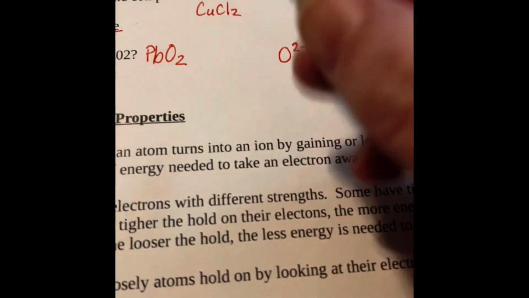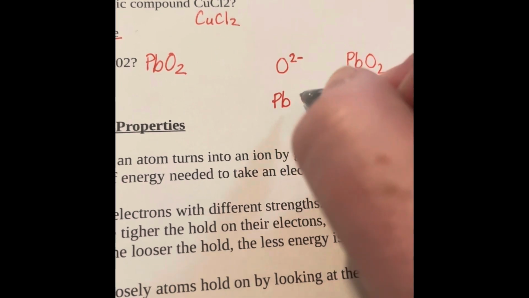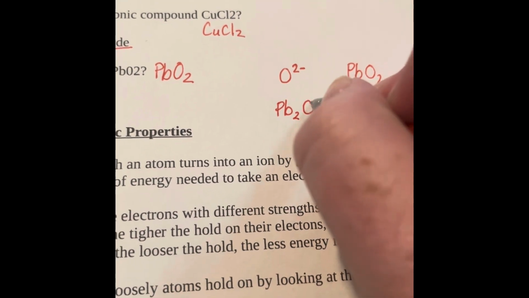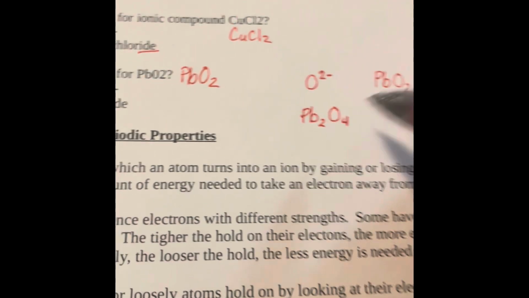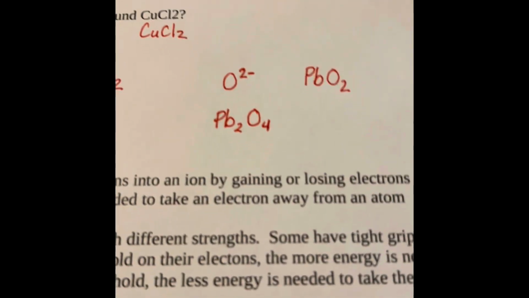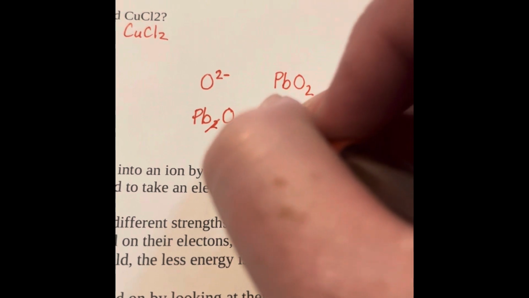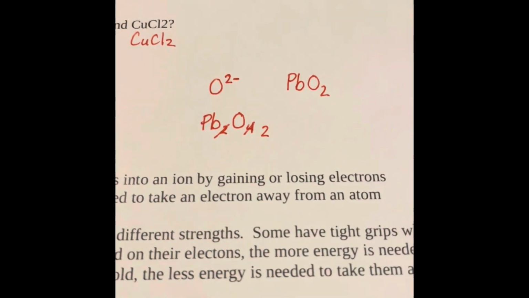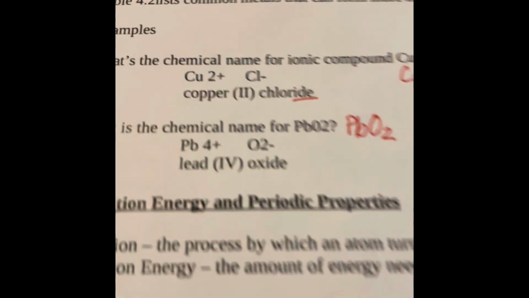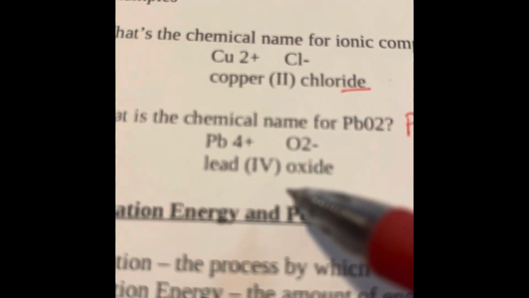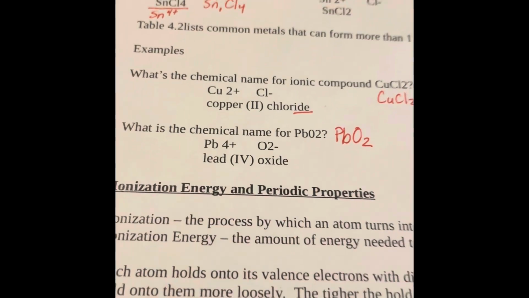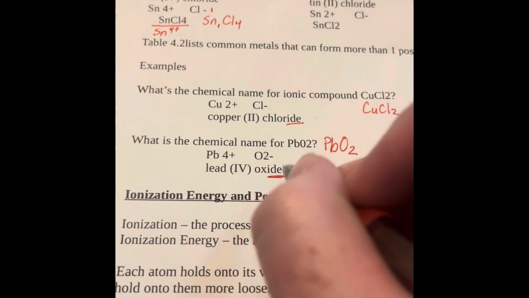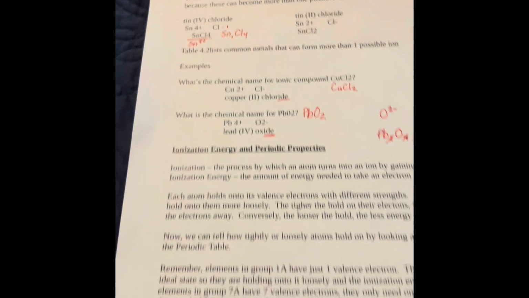When you do it, you know that there's going to be a 2 here. So this has to cancel out, which tells you that this has to be a 4. You always write them in reduced form. So when you cancel that out, that gets your compound. That means it's going to be lead(IV) oxide. Lead is the first one, you use your -ide name for the last one, and remember to put what ion it is. I hope this is making sense to you.